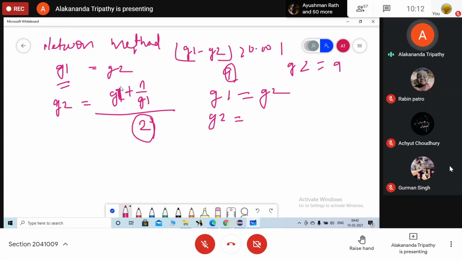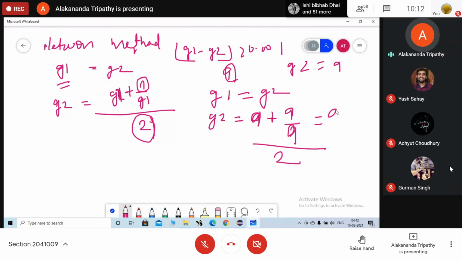What is the value for G1? 9. Plus again n is 9, the number whose square root we compute. So n is 9, 9 whole divided by 2.